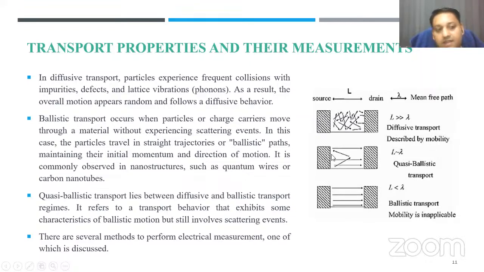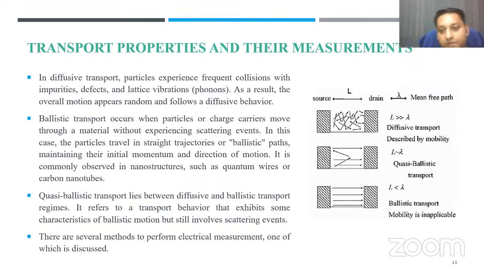There is an interesting theory behind it, that is the dimension of the material related to the mean free path of the particular material. According to that, the transport can be segregated into three different types: diffusive transport, quasi-ballistic transport and ballistic transport.